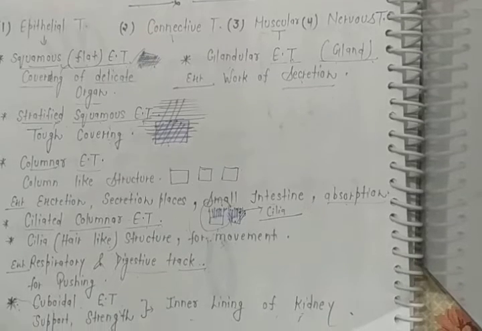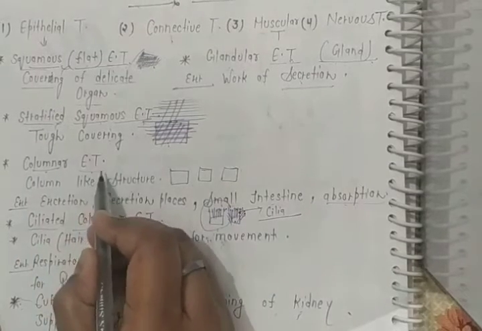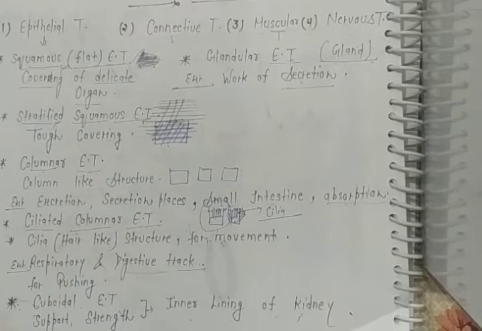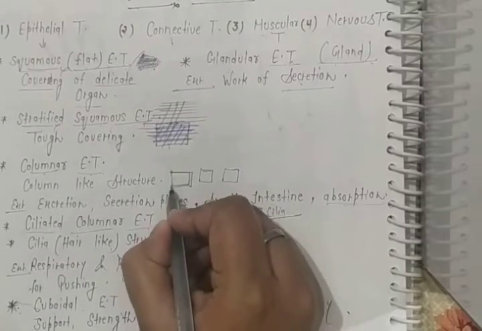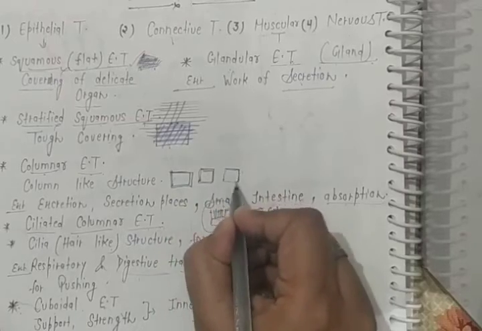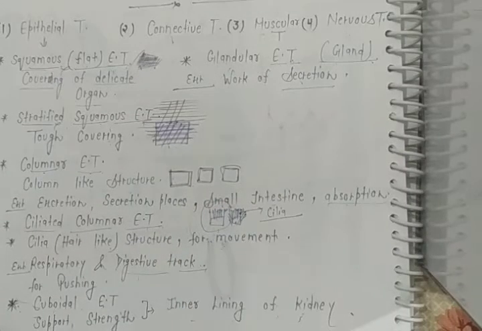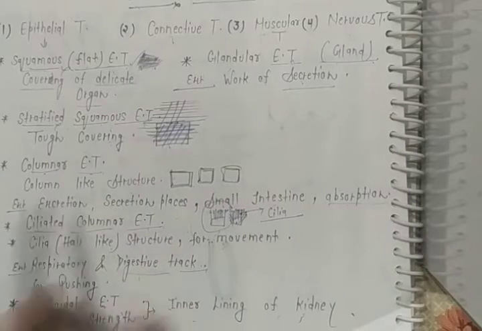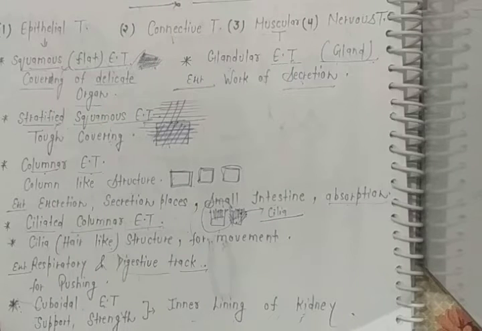Third one is known as columnar epithelial tissue. It means they look like a column. They contain column-like structures, and these are very helpful in excretion and at places where secretion occurs.